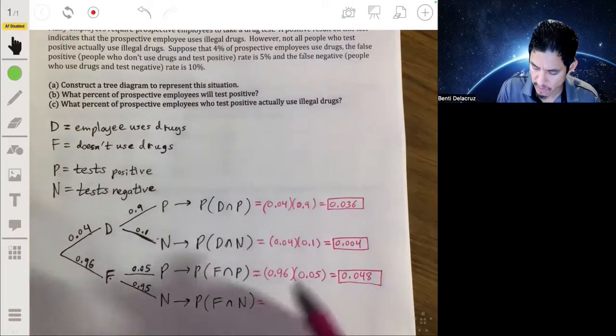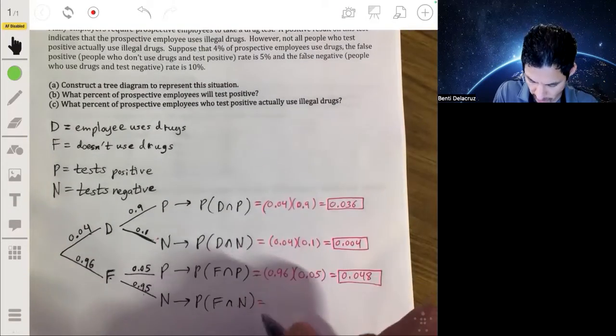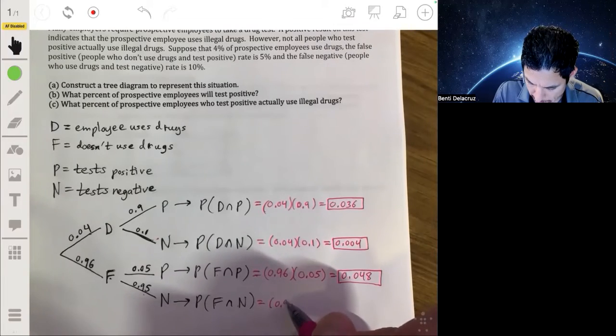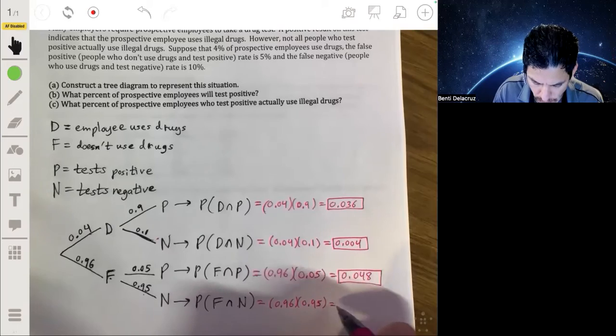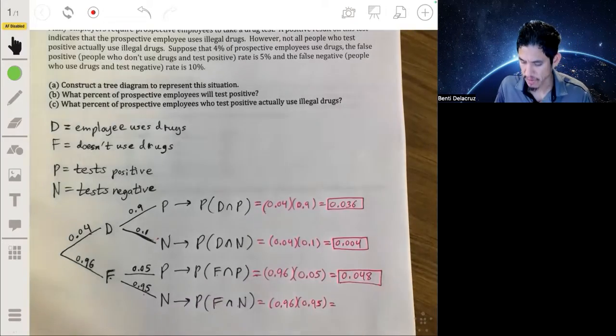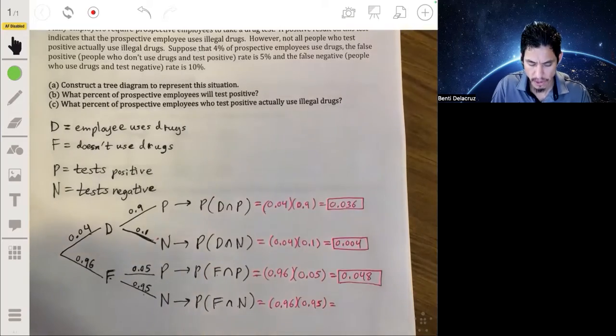And then for the last one, being drug-free and testing negative, 0.96 times 0.95, and you should get 0.912.